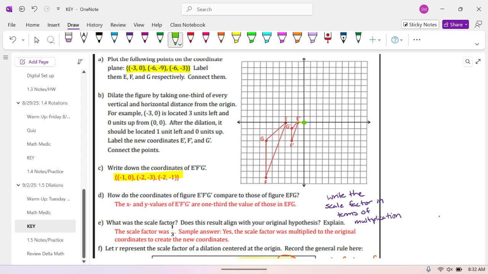I would go left 1, 2, 3, 4, 5, 6, and then down 1, 2, 3. Well, we're doing a scale factor of 1/3. So if I divide both of these, that means I should go from the origin left 2 and then down 1, which is exactly what I did.